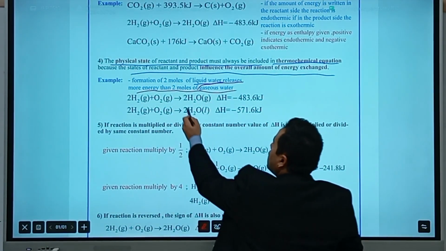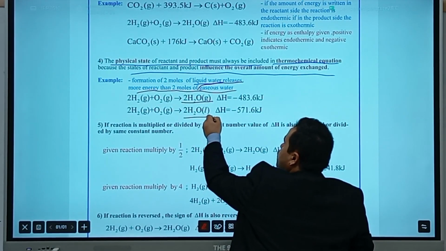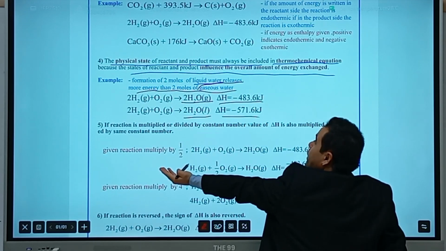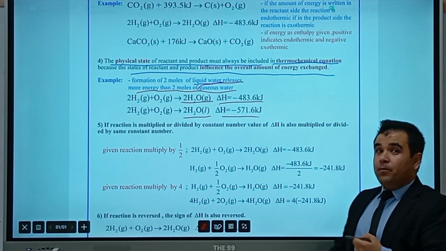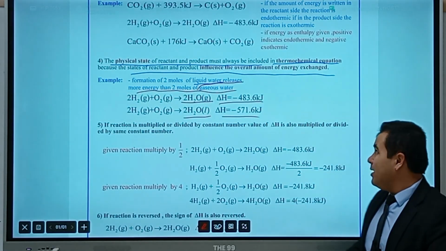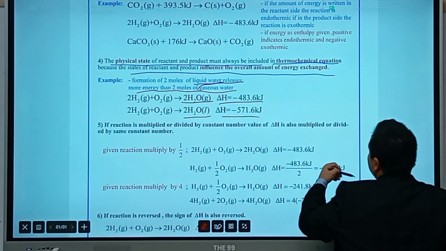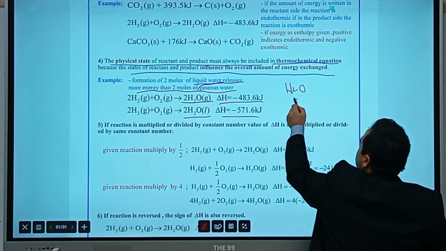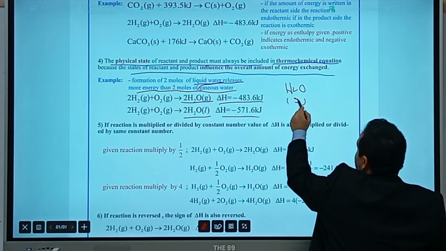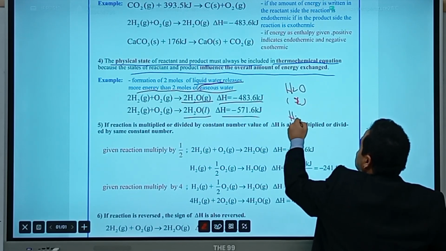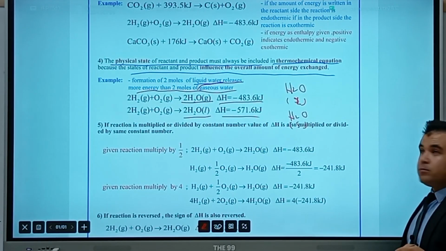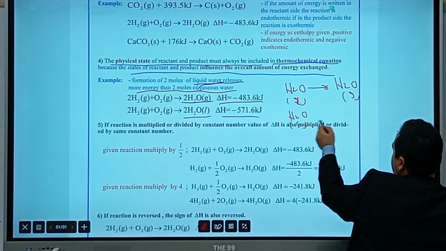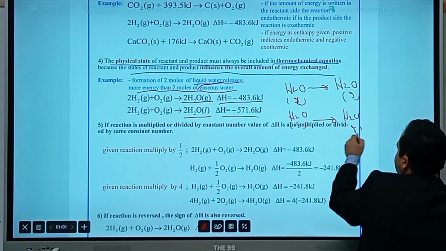Have a look at this. 2 moles of gaseous, 2 moles of liquid. Which one releases more? Of course, the one of liquid. Why? Because of the physical change. Whenever you want to boil H2O liquid or H2O solid, H2O liquid becomes H2O gas by boiling, evaporation.